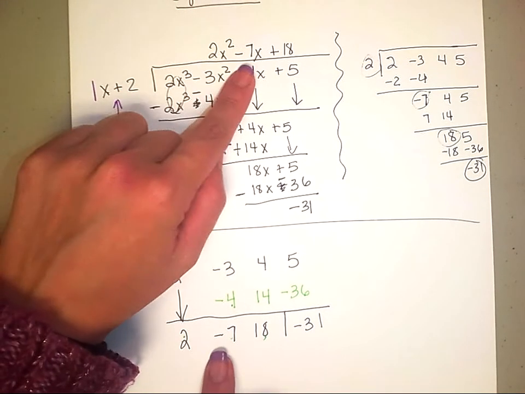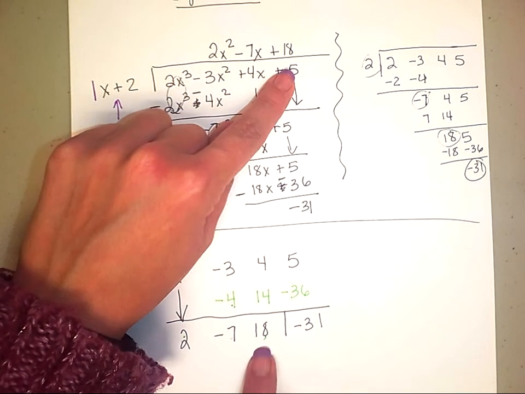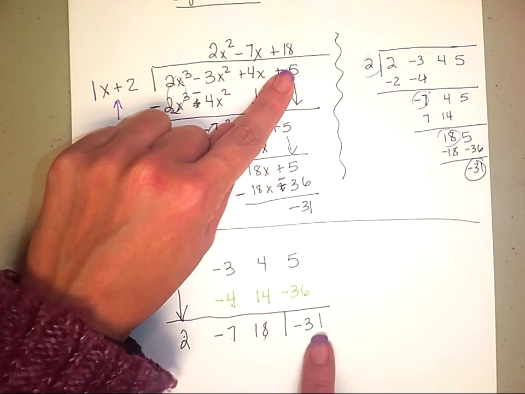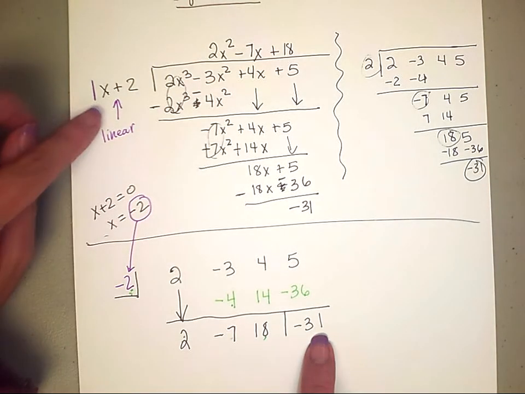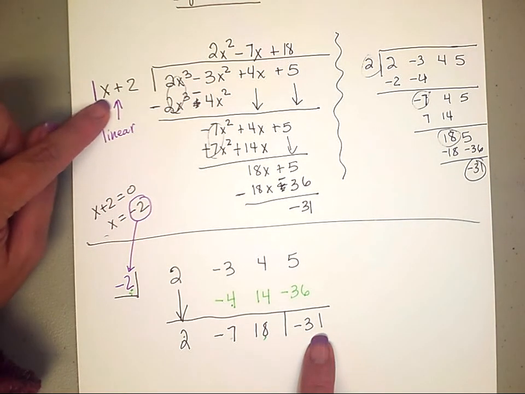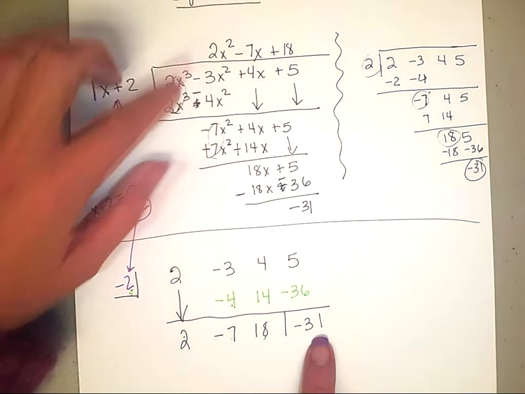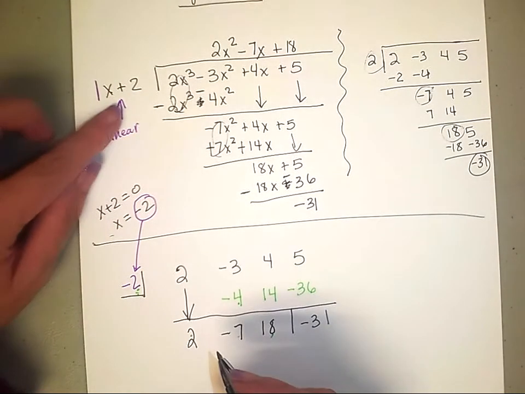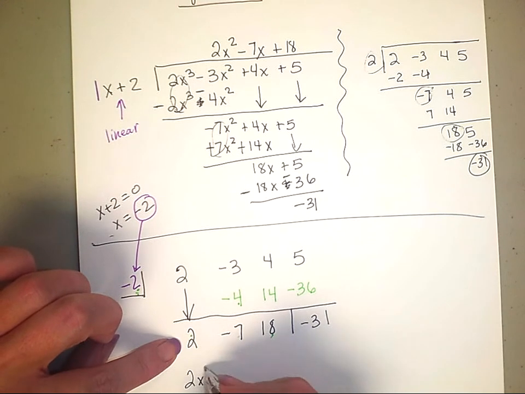Here's the 2 that belongs to the x squared, the negative 7 that belongs to x, and the 18, which is the constant. I draw this little line because that's the remainder. Now, because I was dividing by something linear, and I started with x cubed, even if I hadn't done the long division, I would just know that since this is x cubed, this answer has to be 1 degree less.